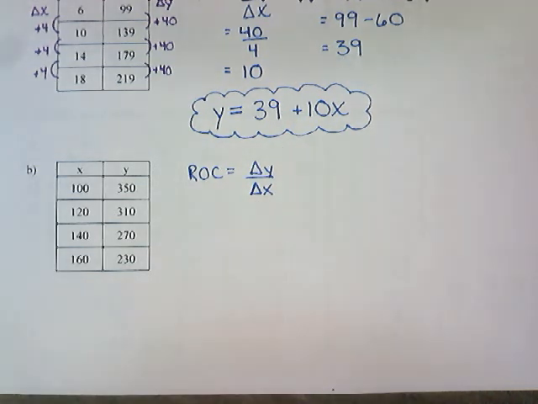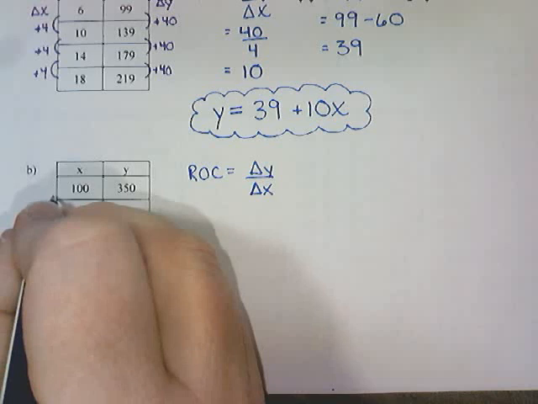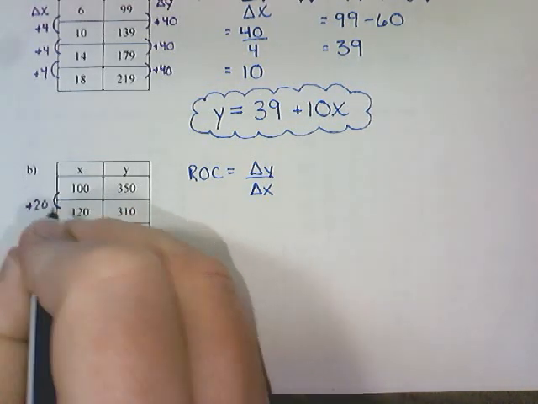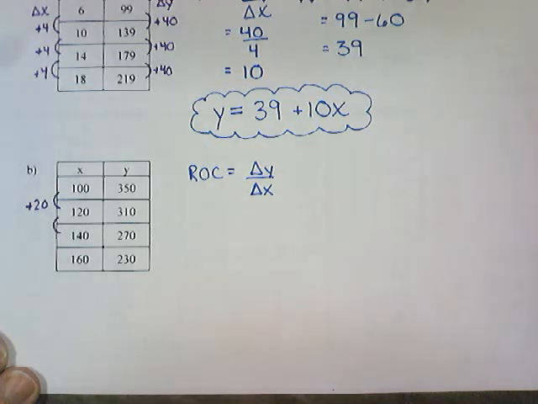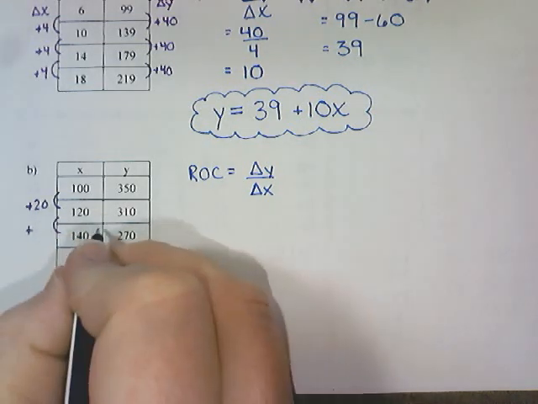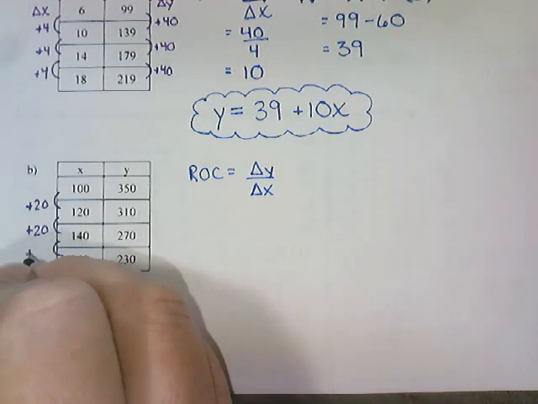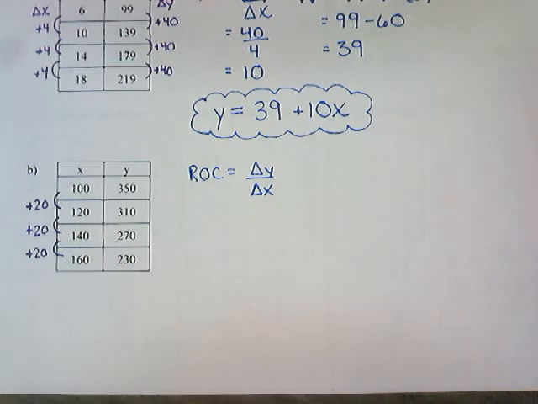Right? Delta Y and delta X are the change in Y and the change in X. So I need to calculate my differences to get the change. So from 100 to 120, I went up 20. From 120 to 140, I went up 20. From 140 to 160, I went up 20.